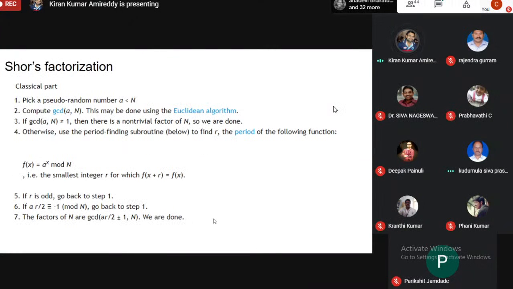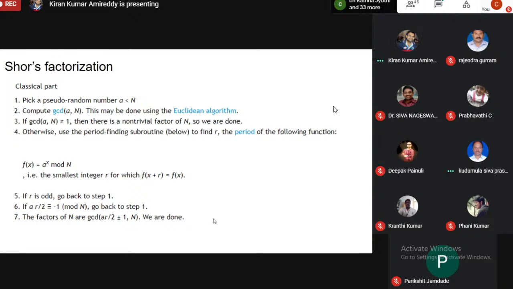We'll see how. The first step is the work with the classical computer, where we define the order for the given number. Then this will be fed to the quantum computer for getting the factors of that particular number.